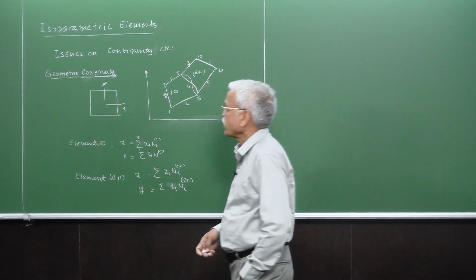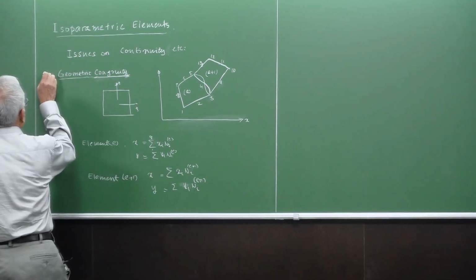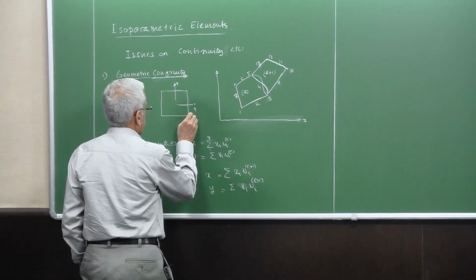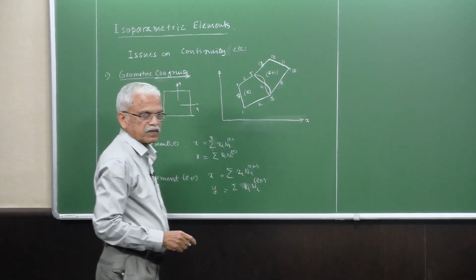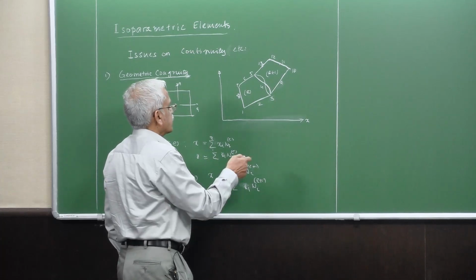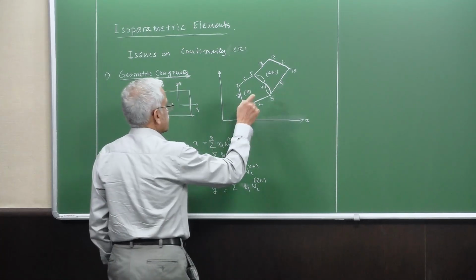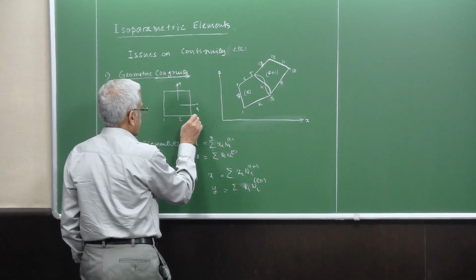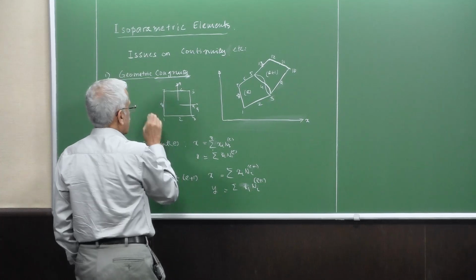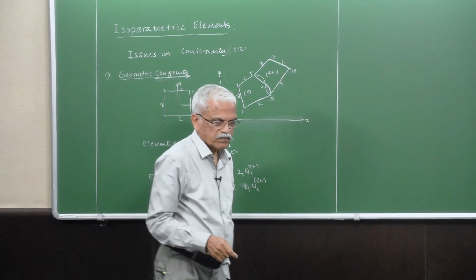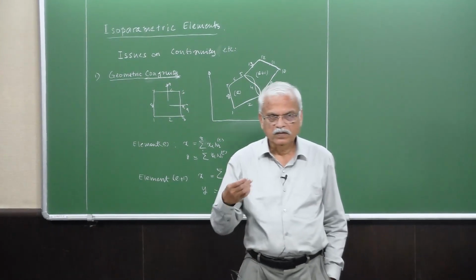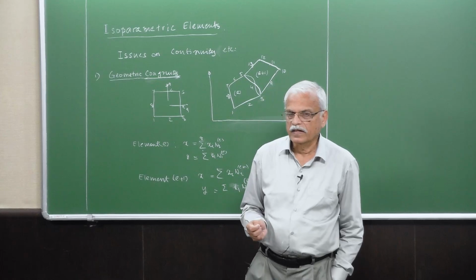One is geometric congruity, in the sense that since we have the element in xi eta and then map it here, we are using two neighboring elements. So let's just consider an 8-noded element like this. We know that it will map complex surfaces like second-degree curves.